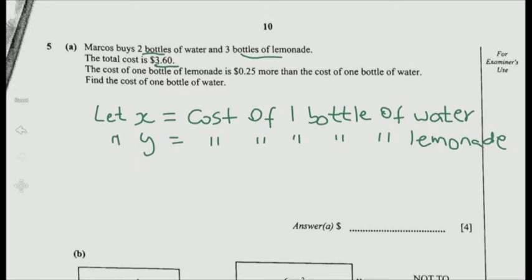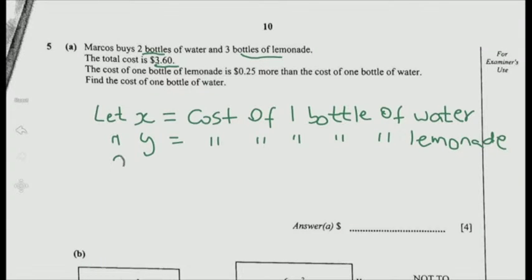You should be able to get that cost by writing the expression 2 multiplied by the cost of 1 bottle of water, which is x, plus the cost of 3 bottles of lemonade.